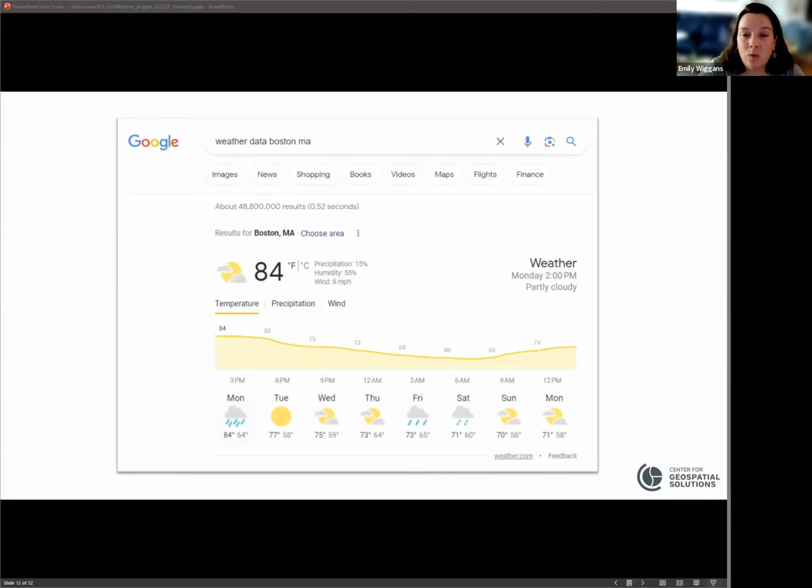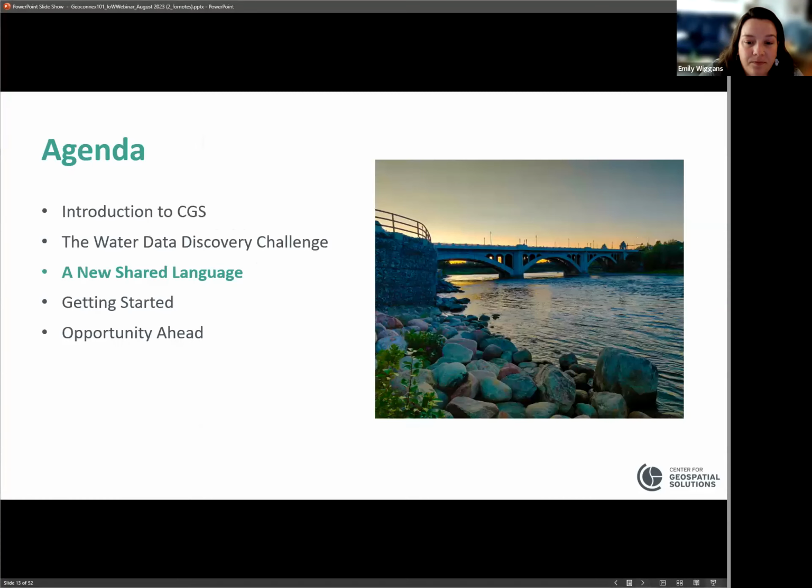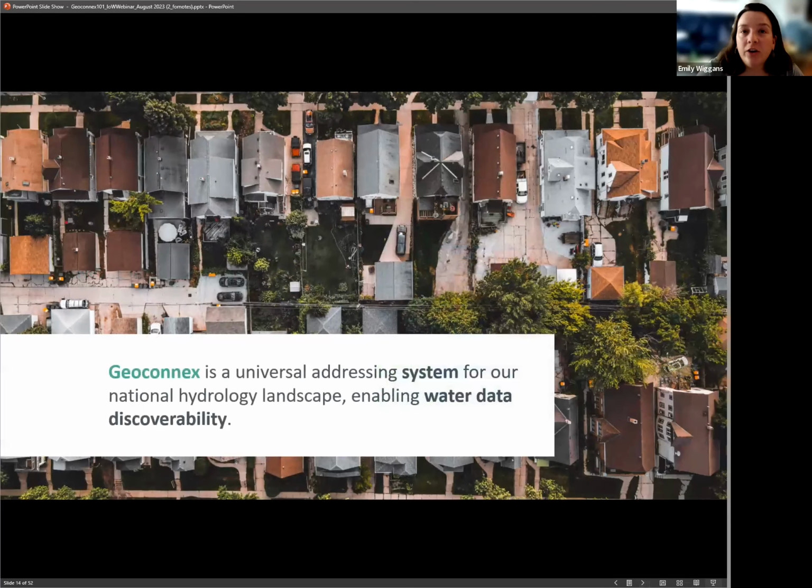We think and we know that Geoconnex can be the solution here, making the water data landscape as easy as Googling the weather is. Let's start talking about how Geoconnex is going to be our new shared language. So Geoconnex is a universal addressing system for our national hydrology landscape, which will enable water data discovery.